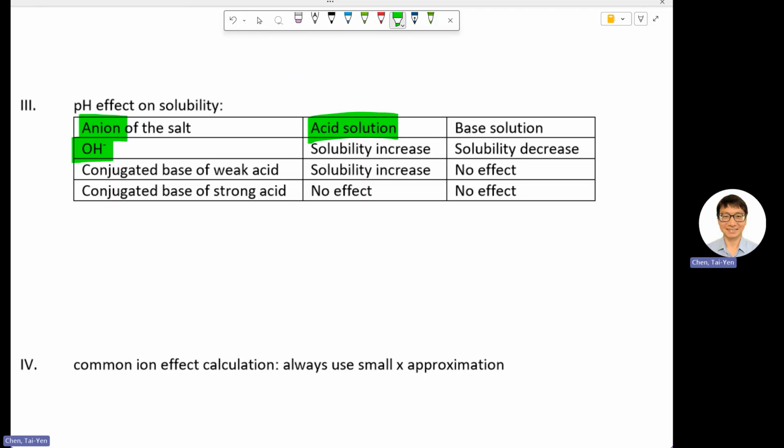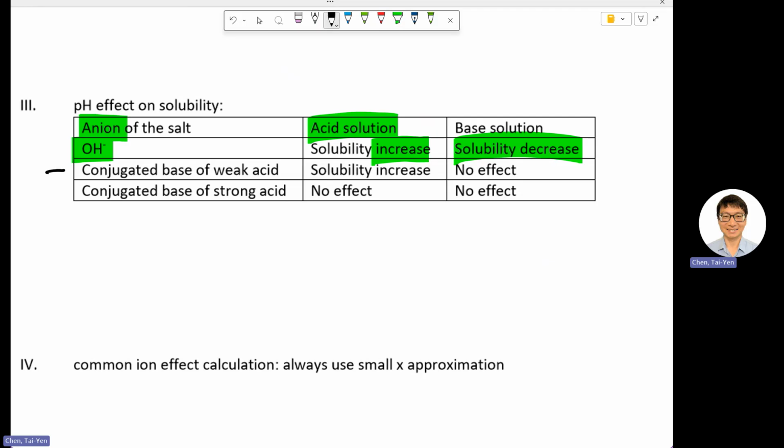Therefore, the solubility is going to increase. However, in a basic solution that contains OH minus, Le Chatelier's principle tells you it's not going to allow you to further dissociate. You will actually push back because right now you have so much OH minus inside the solution. Therefore, the solubility of your salt is going to decrease. So that's scenario number 1.